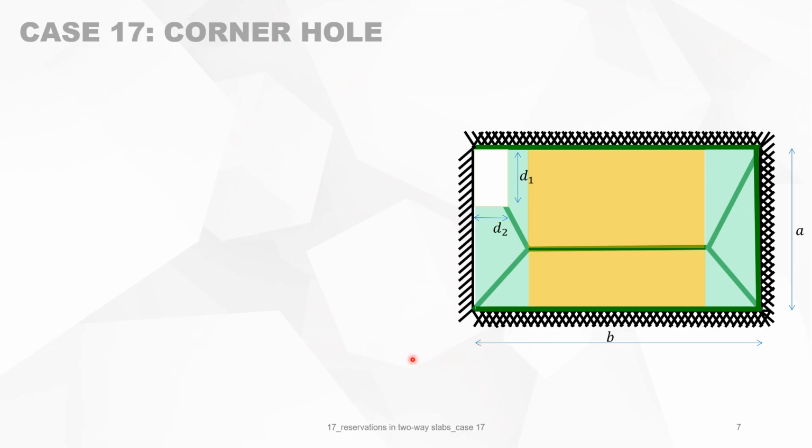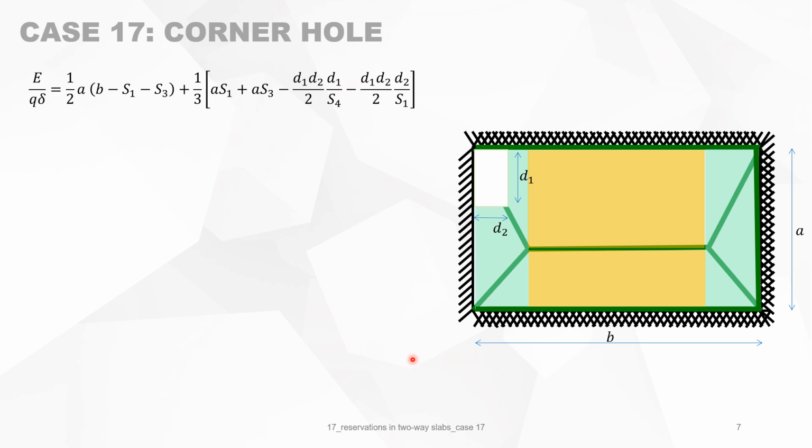Let's calculate the work done by the external forces. Looking at the orange part, rectangular, this distance is B minus S1 minus S3 multiplied by A, and the mean deflection is delta over 2. Then we come to the green parts.